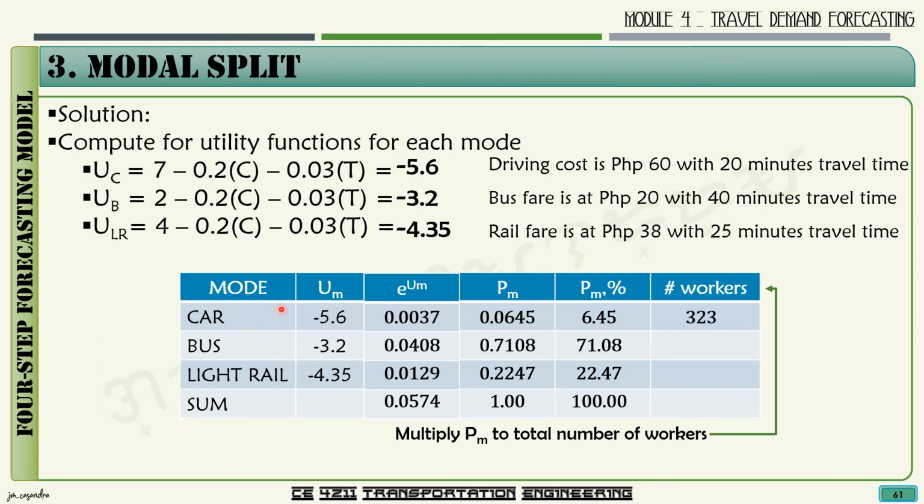So from here, we can see that there will be 323 workers using private cars. So we have 3,554 workers using the bus and 1,123 workers using the light rail system, or a total of 5,000 workers. So that's how you use your modal split.